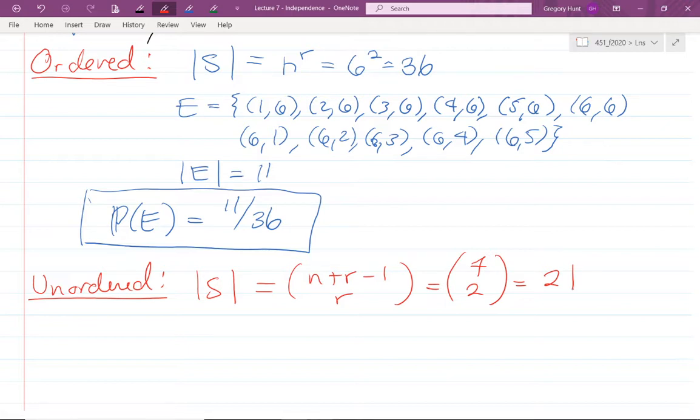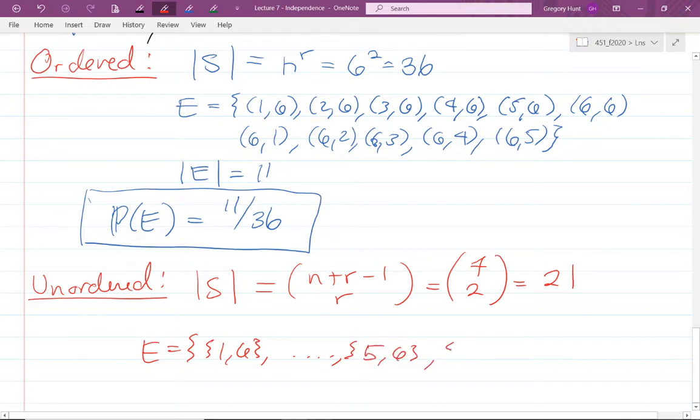That's different than 36. And E, in this case, is the unordered outcomes, 1/6, or 6/1, but there's no difference now, all the way up to, let's say, 5/6, or 6/5, and of course, 6/6.